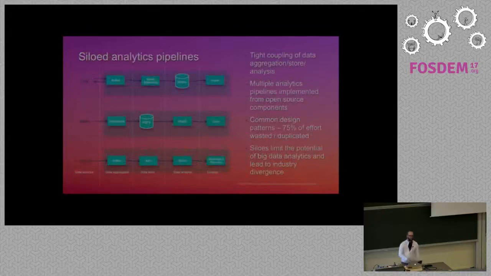So what we have seen so far, and what explains PNDA at all, is that we've seen siloed analytics pipelines. And the issue is that once you implement a data pipeline using dedicated technology, then you are putting constraints on your pipeline, and so it is not really optimal, and you are duplicating effort.